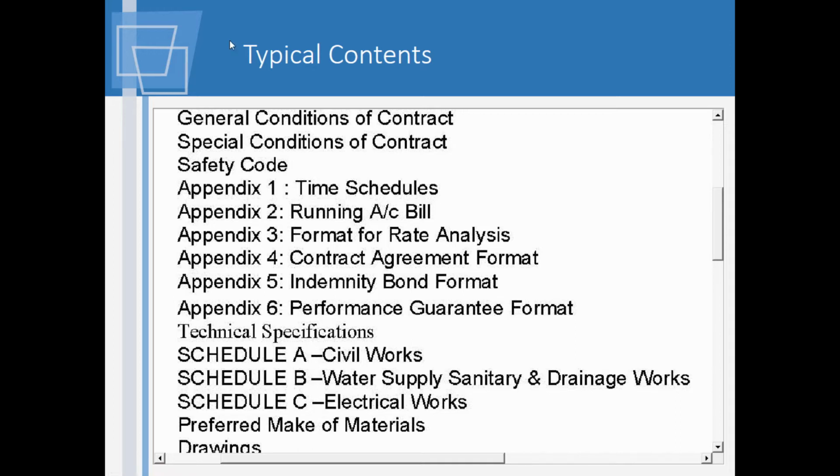I'll be going through this only in particular because this will be in general more or less common in nature with all the tenders. When you're going for the special conditions of contract, some things will be there, for example, if it's in a forest area, special permissions might be required. So here they will say this is in a forest area, so please get the permission for doing this work.